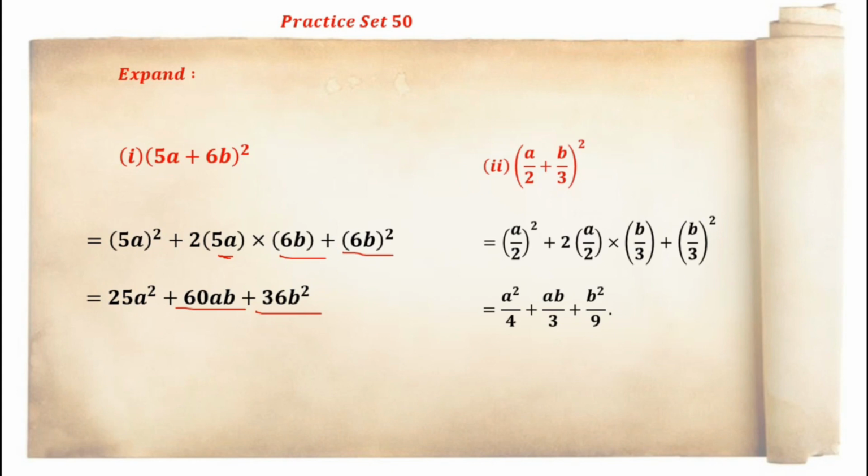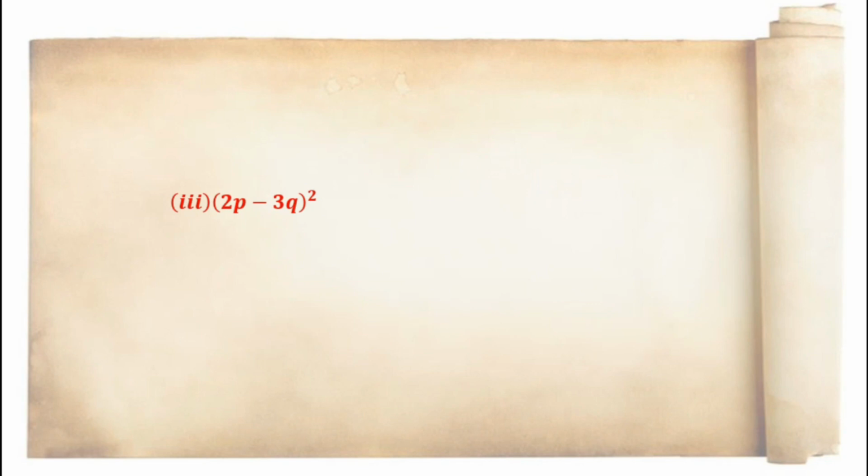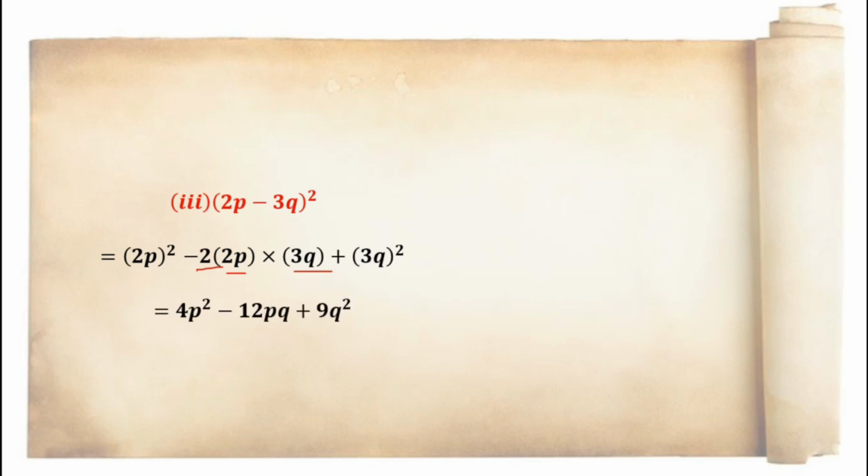So in this exercise we are moving for the third question, and that is on your screen. (2p minus 3q) raised to 2 means 2p raised to 2, and here we are supposed to multiply 2p into 3q, and that will be 2 into 3 will be 6, and 6 into 2 will be 12, okay, and thereafter you see that 3q raised to 2 means 9q raised to 2.